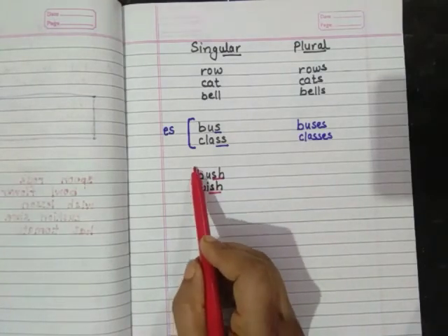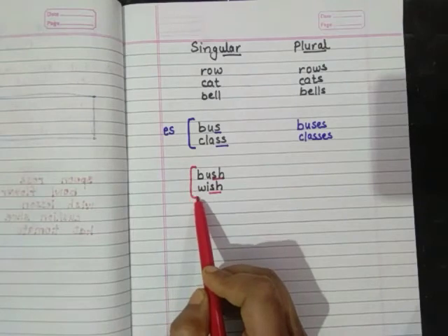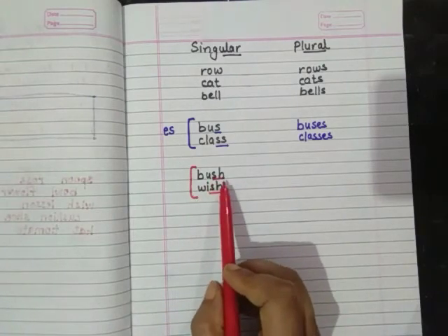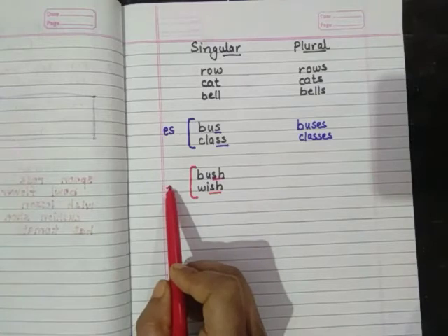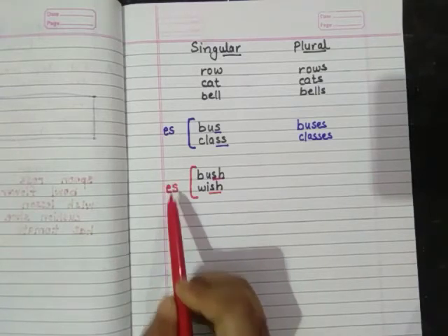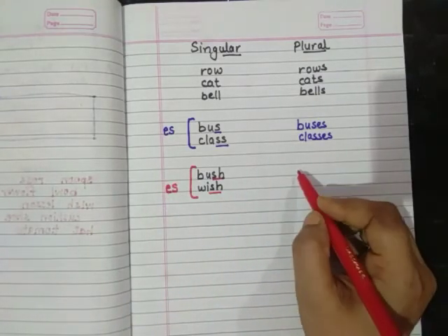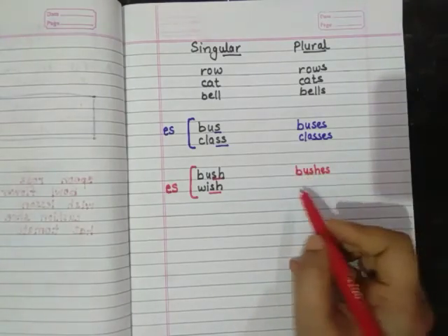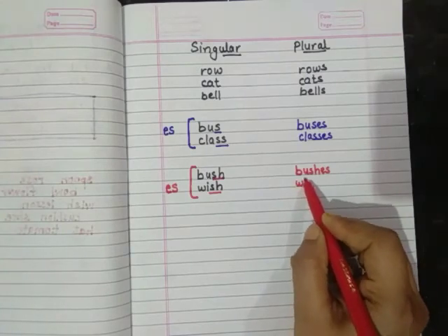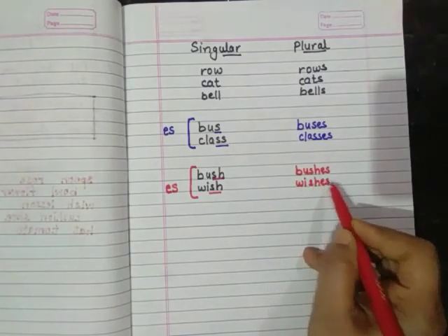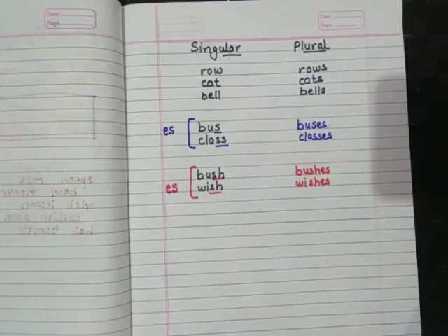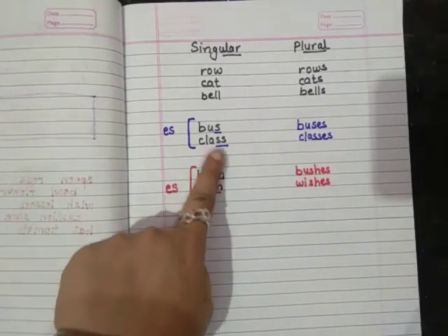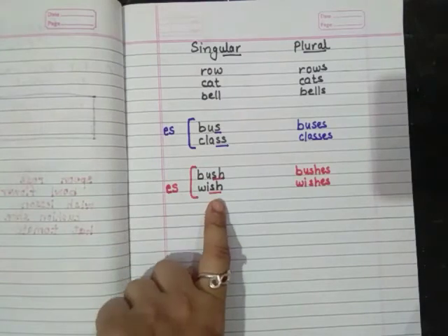So here if the naming word ends with the SH sound, the same rule applies. In the plural form we add ES, and the words become BUSHES, bushes, WISHES, wishes. So till now we have done two types of words, the words that end with S and the words that end with SH.